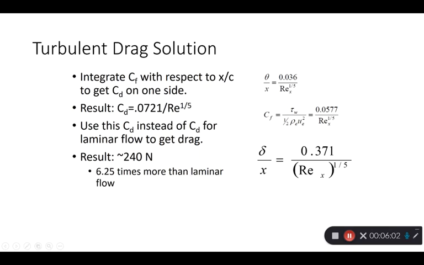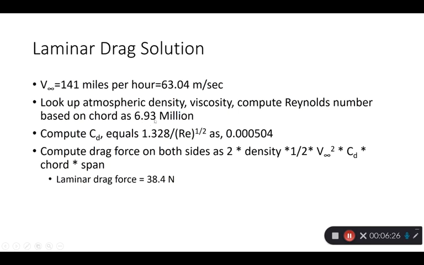In turbulent flow, you'll have to integrate this expression of CF with respect to x. So if you integrate it, you'll get this expression. In homework number 1, you're asked to perform the integration and get these values. So if you have done homework number 1, you may be familiar with this. So use this CD with the Reynolds number of 6.93 million instead of this CD.